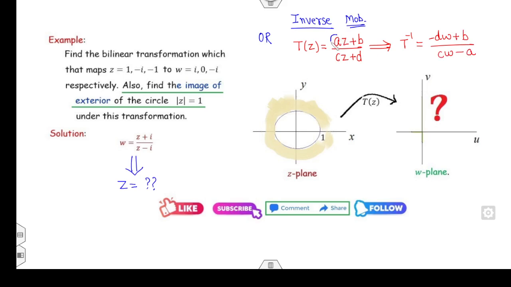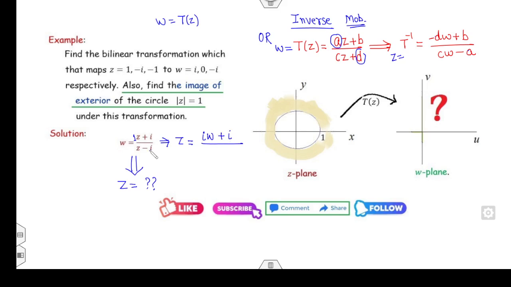Basically, they are reversing the coefficients a and d with a negative sign. If w is equal to T of z, then z is equal to T inverse of w. So can you find the value of z? Its coefficient is 1 and it's minus iota. So I can replace the coefficients.